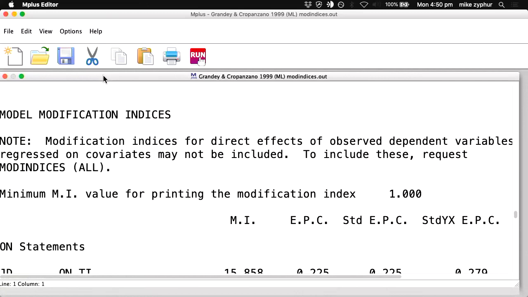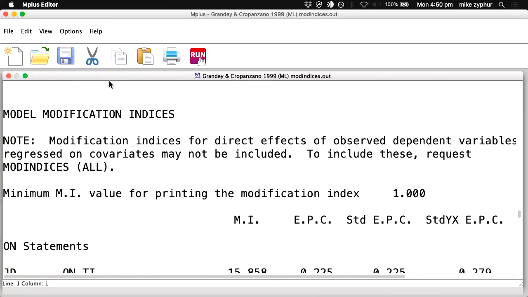Watch out. Modification indices for direct effects, blah, blah, blah, regressive covariates may not be included. Oh, I didn't know that. That's interesting. Okay, it doesn't matter. That's not our point here. The minimum value for printing the modification index is 1. That was the parenthetical.